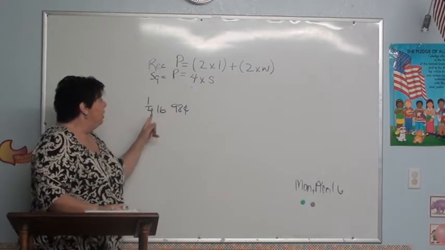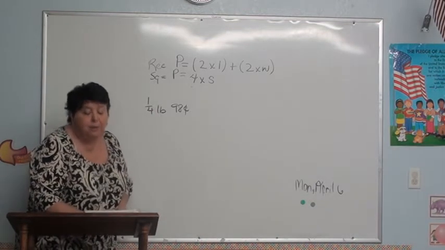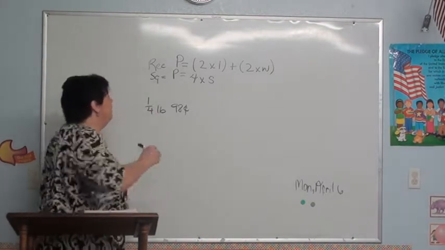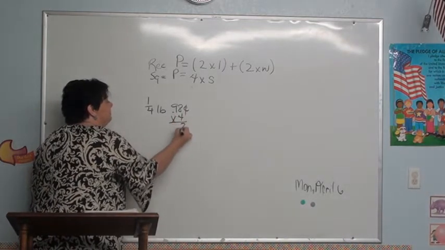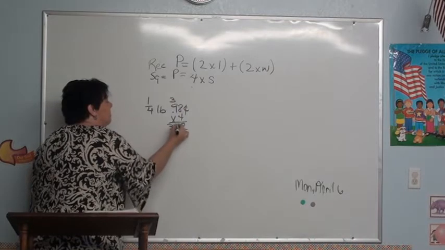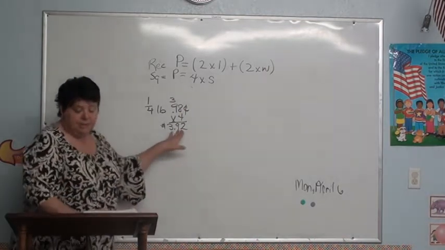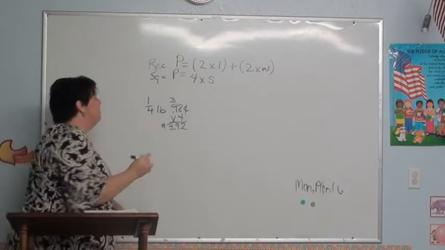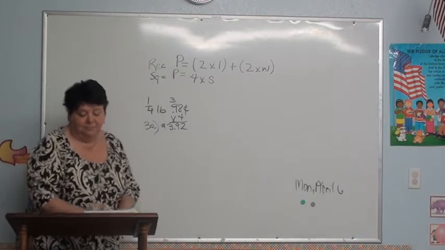If he bought 1/4 of a pound for 98 cents, how much would it cost him to have bought a whole pound? You're going to simply multiply the 98 cents by 4. Put your decimal where it goes, and there's your answer. So 3A is $3.98. Put that down.